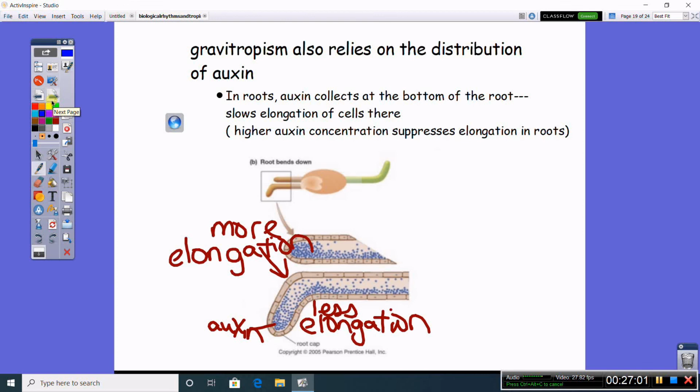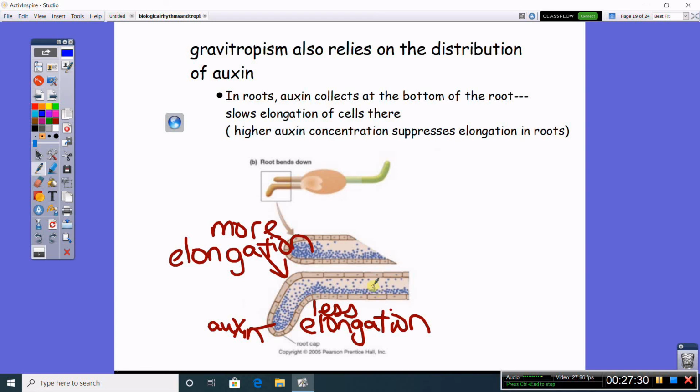Now, like phototropism, gravitropism also relies on the distribution of auxin. So, when you think about that little seedling that started to germinate and then we turned it on its side, auxin will collect on the bottom side of the root. Now, auxin has a different effect on roots than it does on shoots, like we saw with phototropism.